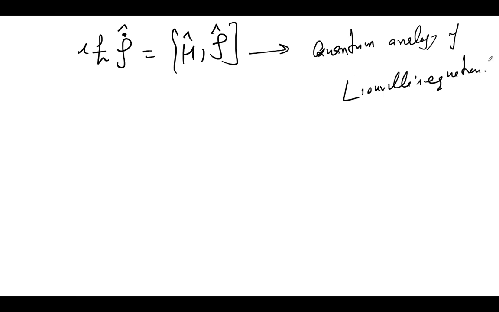So what does it mean? If the given system is known to be in a state of equilibrium, then the corresponding ensemble must naturally be stationary. So it means that ∂ρ_mn/∂t should be equal to 0.